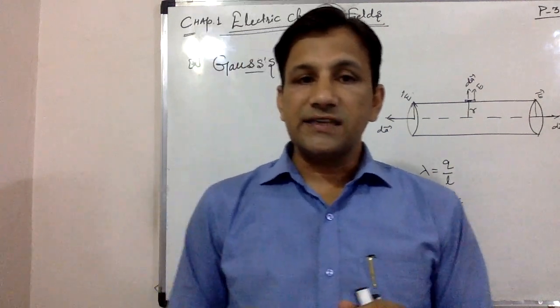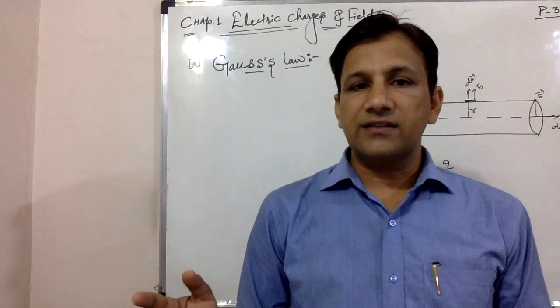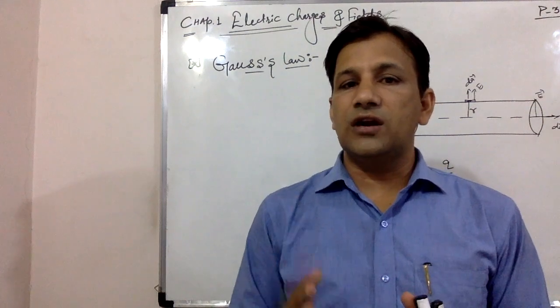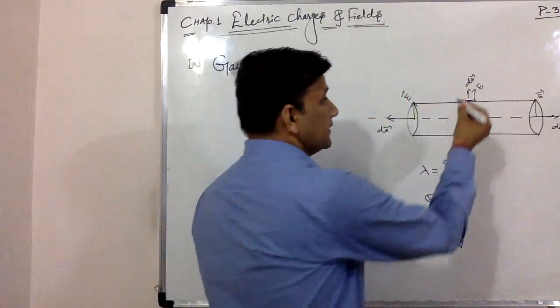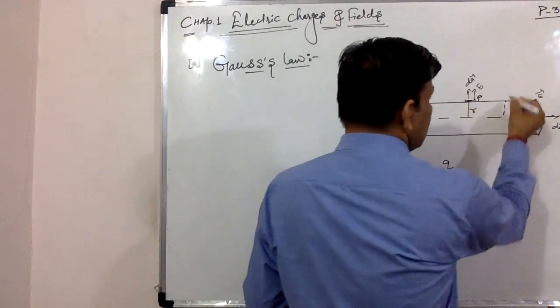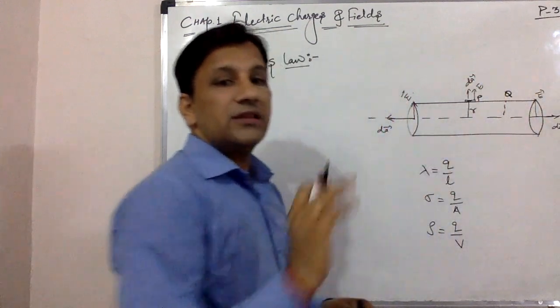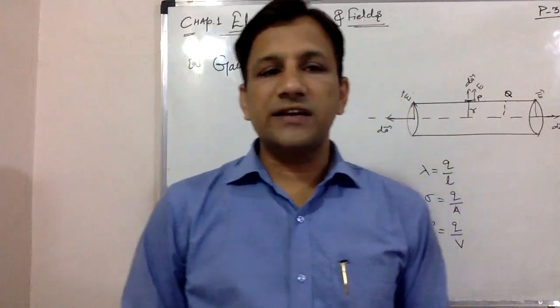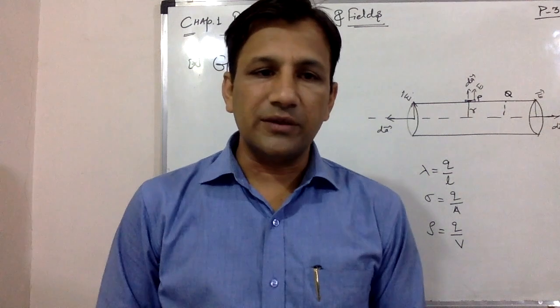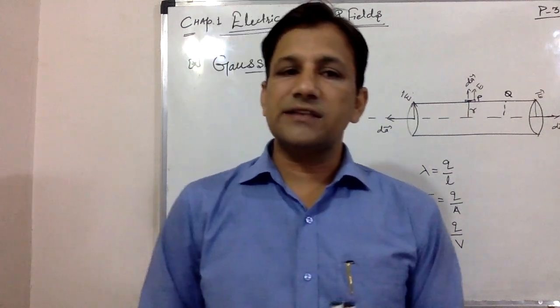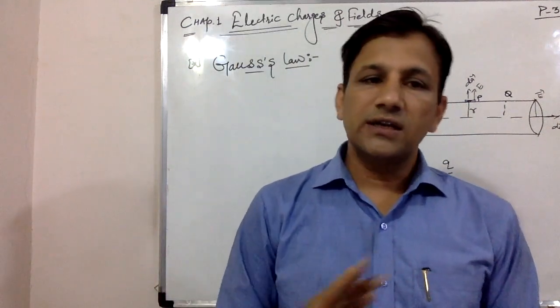Since the wire is of infinite length, the electric field at all points like P, Q, however many points we take, will be uniform. And the electric field lines are perpendicular to the axis.